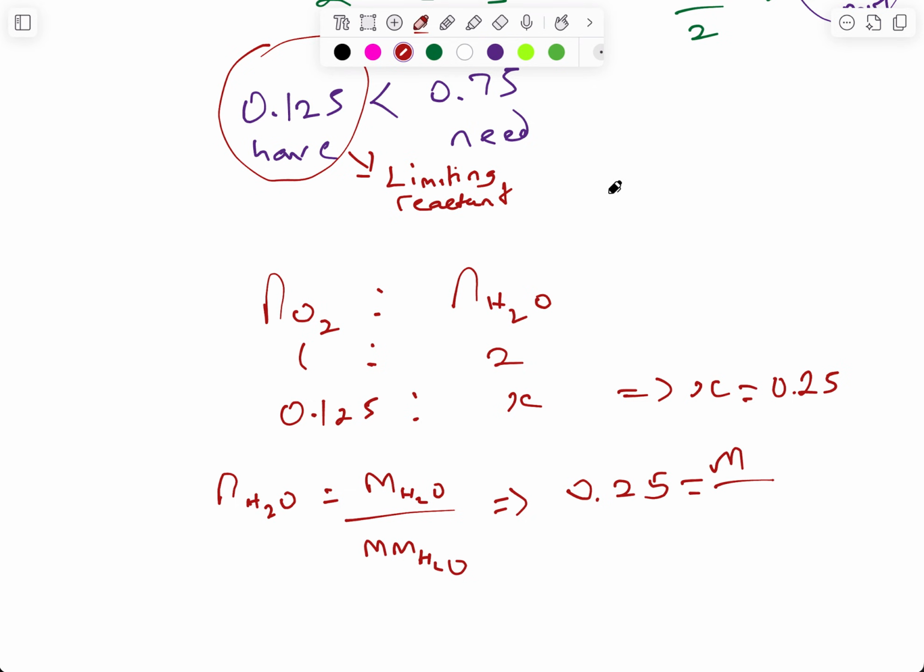What's the molar mass? H is 1, so 1 times 2 plus O is 16, so everything is 18. Therefore, the mass of water formed will be 18 times 0.25, and that would be 4.5 grams.